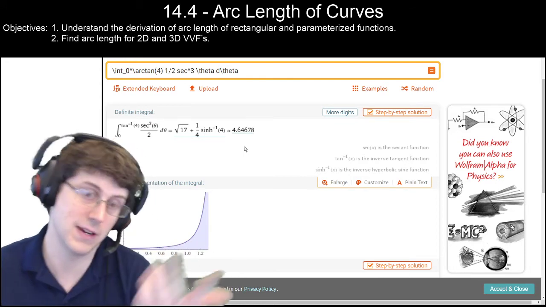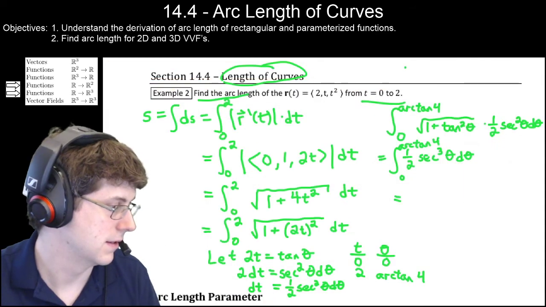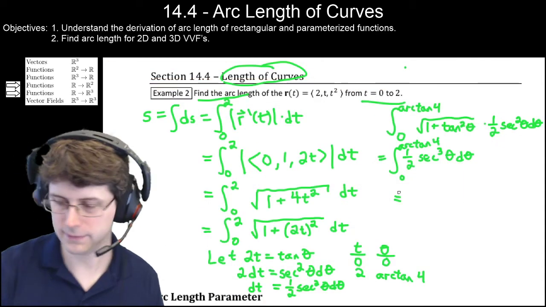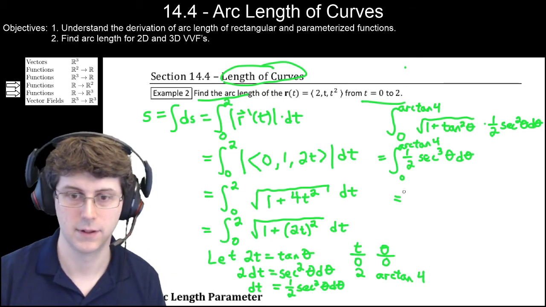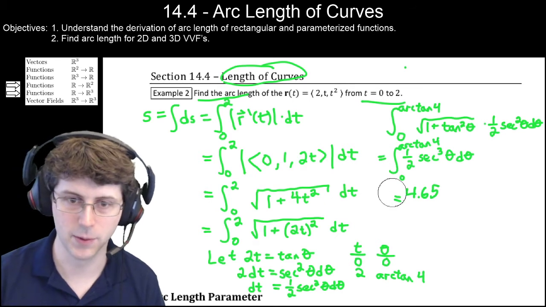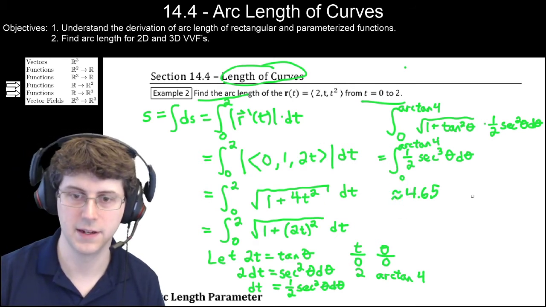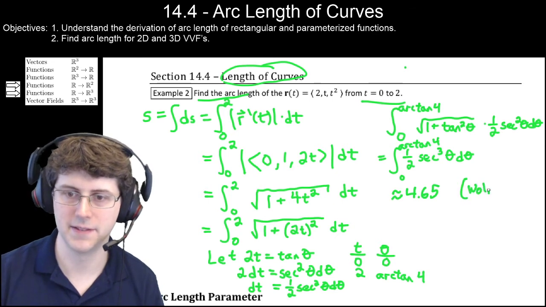So in this case, I'm going to write 4.65. I shouldn't write that it equals 4.65. Let's say that it's approximately 4.65, and I'll say that I used Wolfram Alpha.